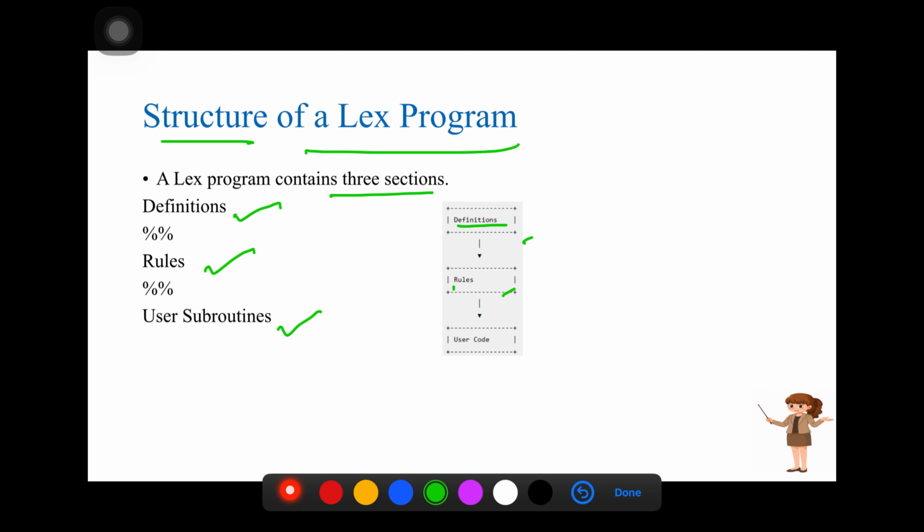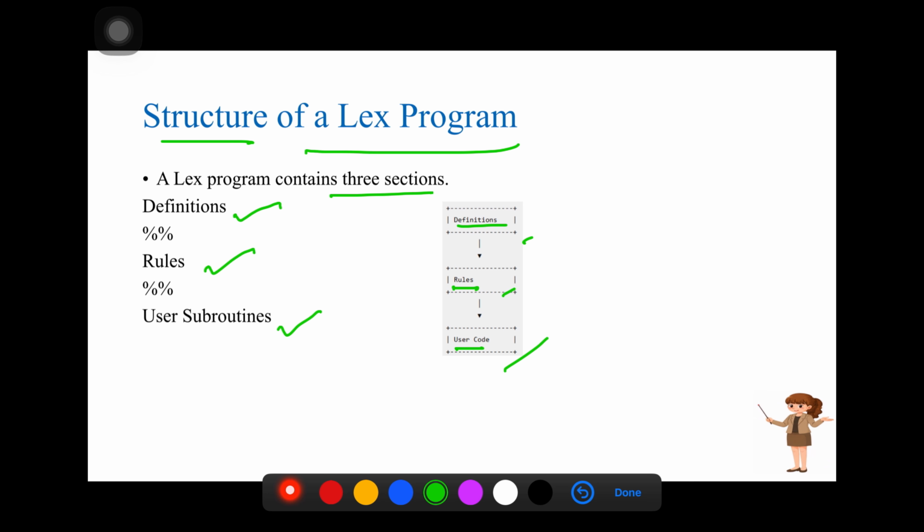The second section is rules. This is the most important section. Each rule contains a pattern and an action. Whenever the input matches a pattern, the corresponding action is executed. The subroutines section contains helper functions written in C. It usually means yywrap and additional user defined functions.